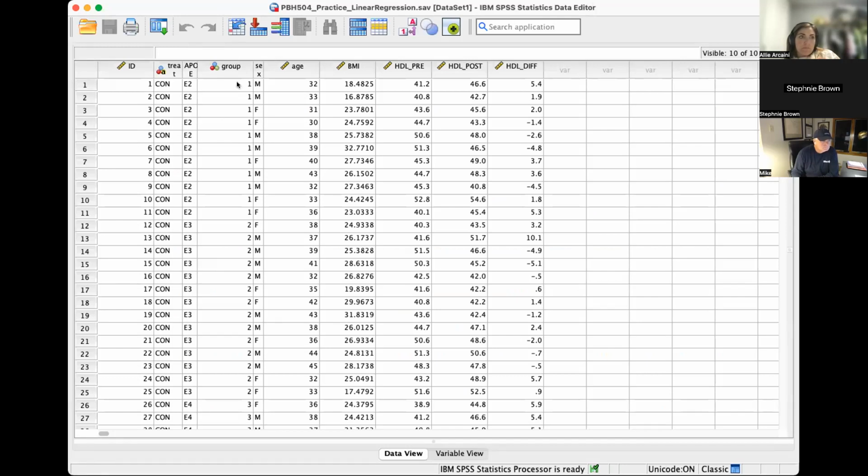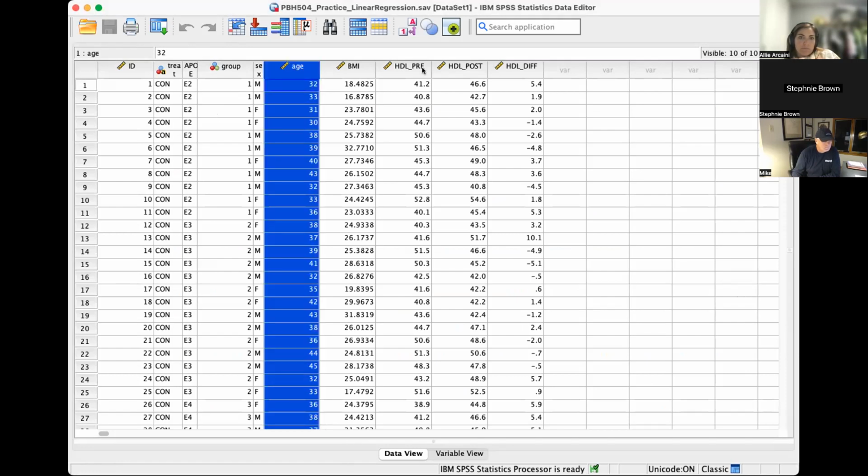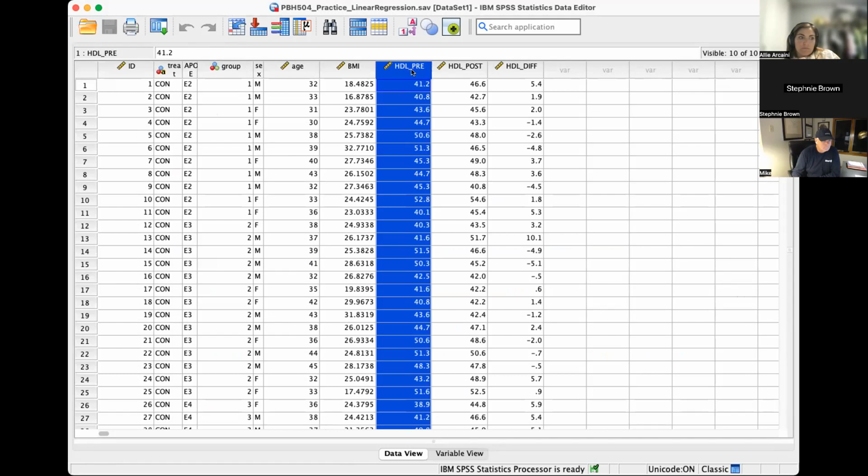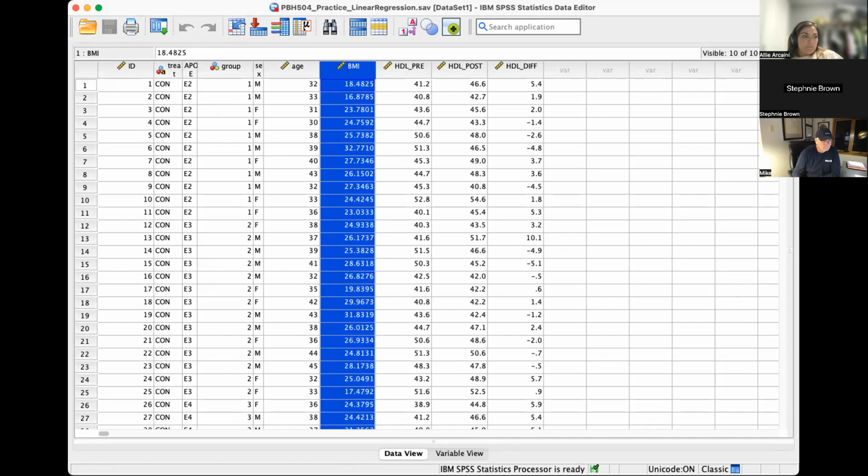All right. So first things first, let's look at the partial. What do we got? The partial correlation between age and baseline HDL controlling for BMI. Okay, cool. So we've got age, this is baseline HDL, HDL pre, and BMI. So what did I just say?